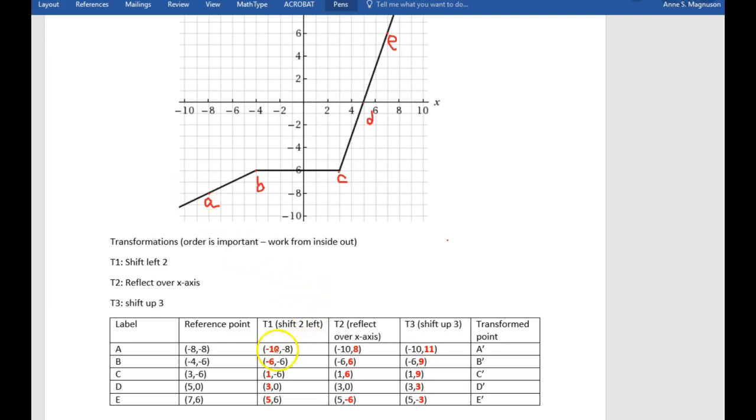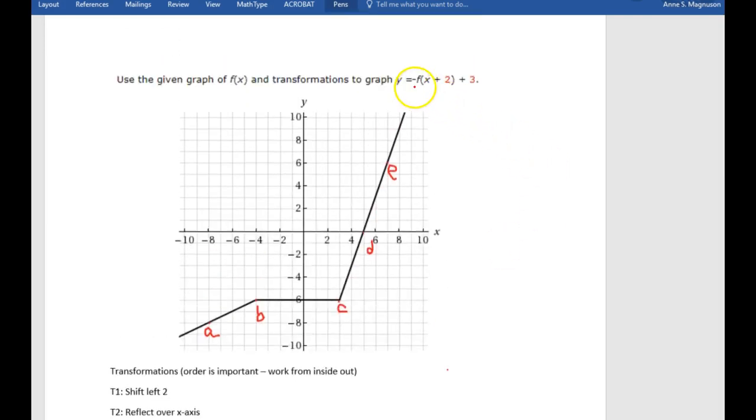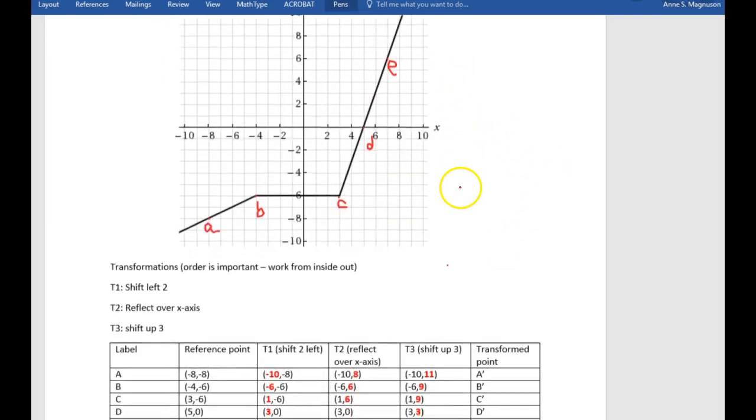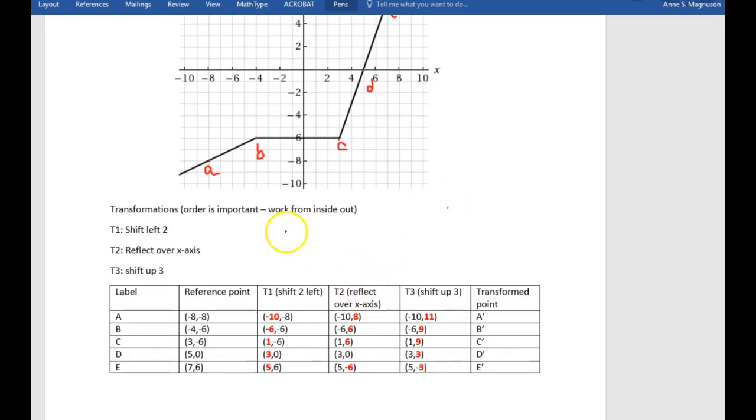So all I'm doing is subtracting 2 from the x-coordinate of each of these reference points, and that's why you see they're bold and in red. And notice that the y-coordinate hasn't changed. Then for the next transformation, I would flip those points over the x-axis because that's what's happening with this negative sign outside of the function. So think about this.